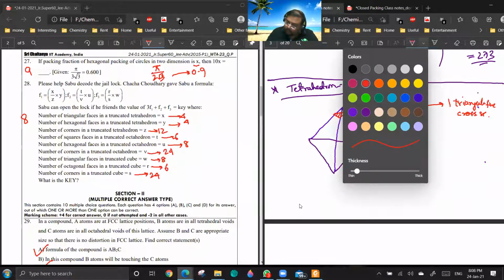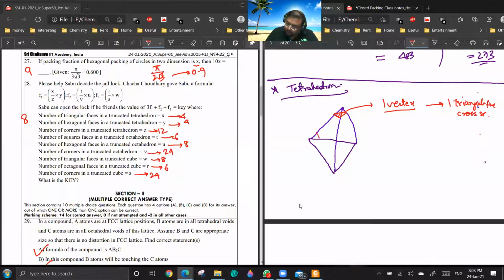Okay, so if I am cutting it like this, I have cut it like this. Yes or no? Now if I am talking about the number of faces, if you have cut this, what is the rest part of the truncated solid?